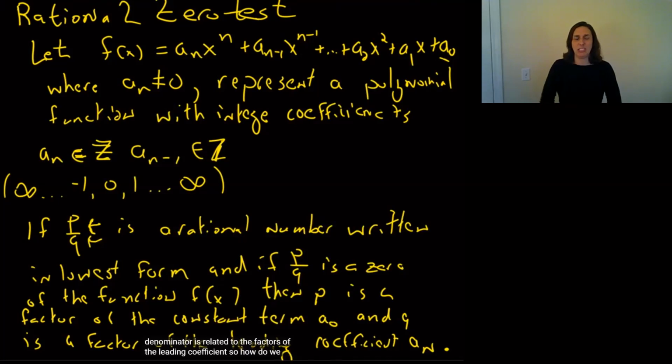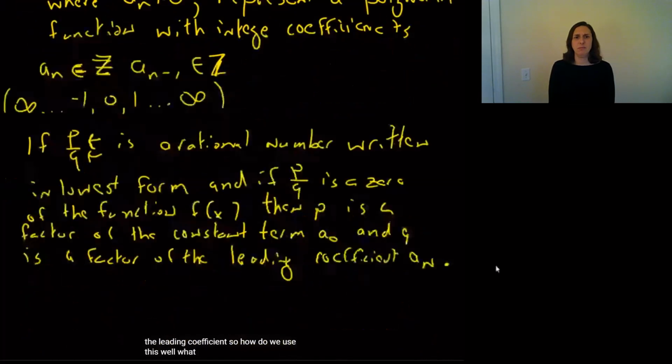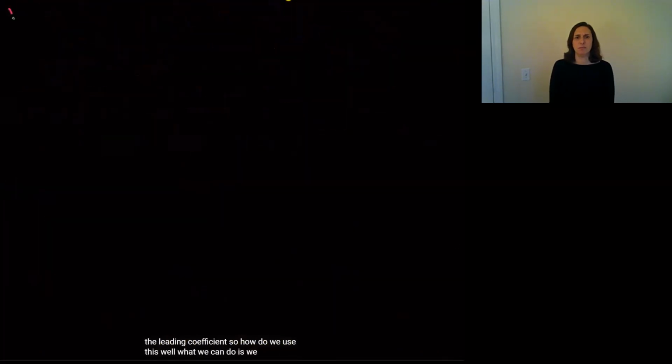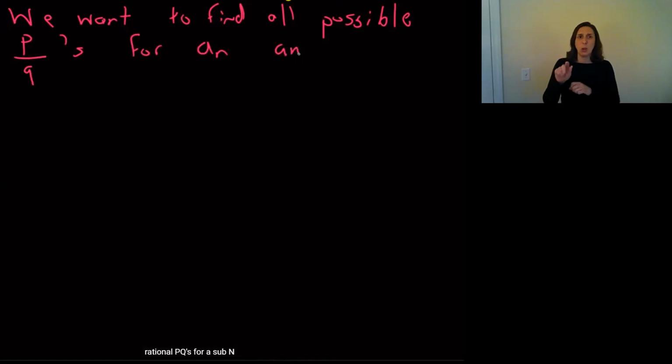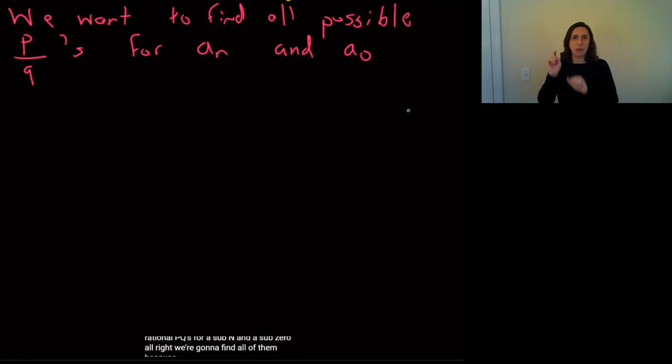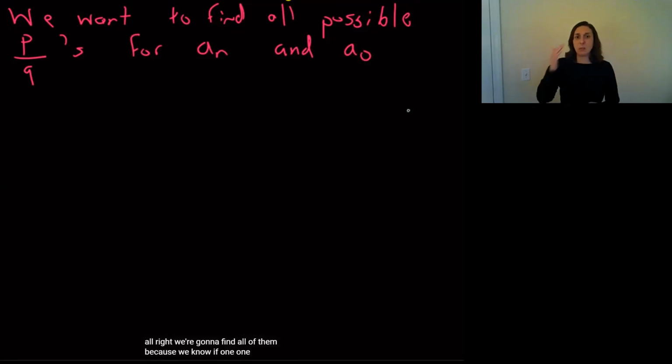So how do we use this? Well, what we can do is we want to find all possible rational p over q's for a sub n and a sub 0. Right? We're going to find all of them because we know if one of them is a root, it works backwards.